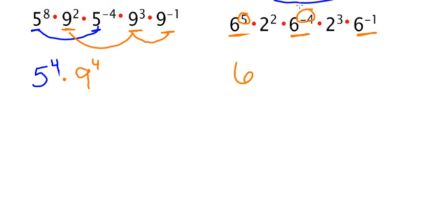Well, 5 plus negative 4 is 1. So now I have 1, and I do 1 plus negative 1. Well, 1 plus negative 1 is 0. So when I multiply 6 to the 5th by 6 to the negative 4th by 6 to the negative 1st, I end up with 6 to the power of 0. Well, we should all know what that is, but we're not going to deal with it quite yet.